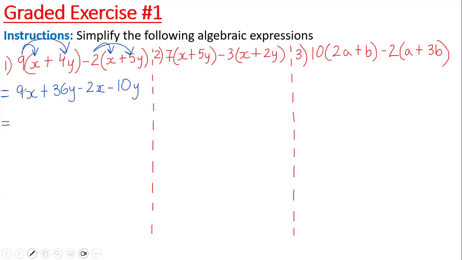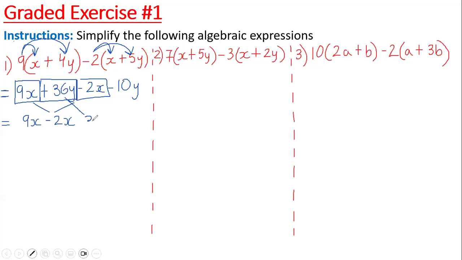we have the group of the like terms, right? So we have 9x and negative 2x. We bring them together. It's going to be what? 9x minus what? Minus 2x. Good. And then we are going to take the 36y.